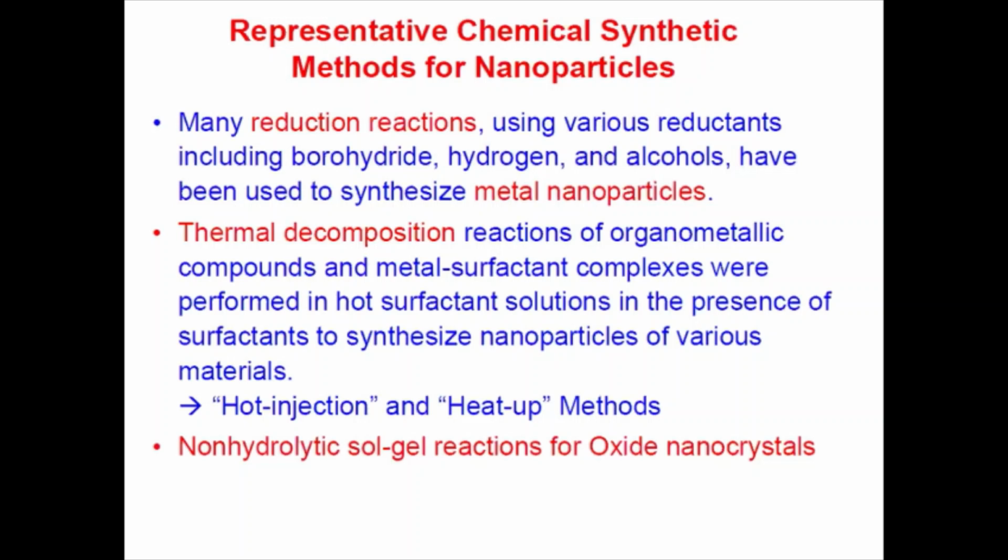One is a hot injection, the other one is heat up methods. I try to discuss what is hot injection and heat up after the theoretical part for this chemical process. Then, in addition to aqueous medium, non-hydrolytic solvent reactions are also used by this chemical process to prepare oxide nanocrystals. Right. So there are 3 different ways one can use this chemical process: through reduction reactions, or through thermal decomposition methods, or through non-hydrolytic solvent reactions.